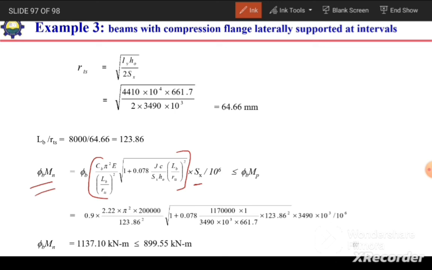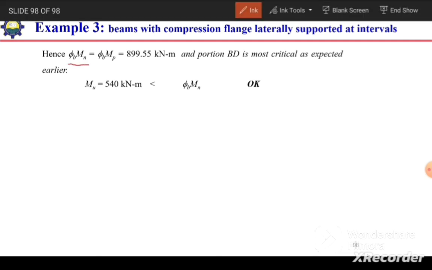After substituting the values, we can get the nominal capacity of the section, which is 1137, and this design capacity should be less than phi b Mp, which is 899. Here this 1137 is more than phi b Mp, so it means the governing value will be 899.